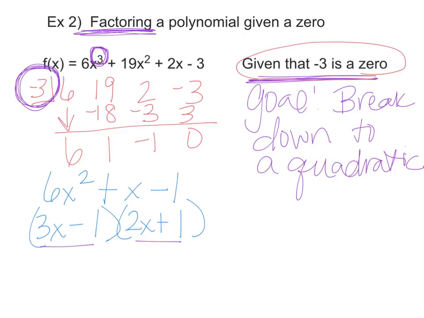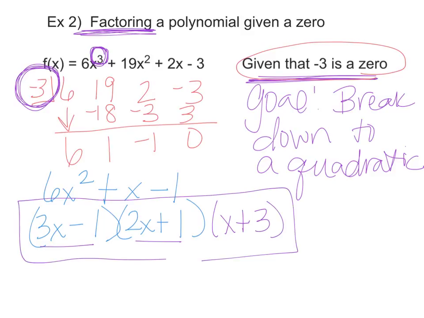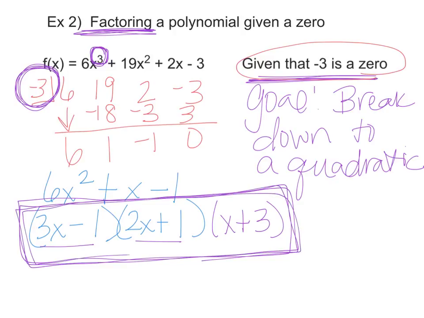So if that's a minus 3 there, I want to write this as x plus 3 so that it can be a factor. And there they are. So given a 0, you just go through and you break it down to a quadratic, factor it, and then these are what your linear factors look like. Pretty sweet, right? Let's do some more.